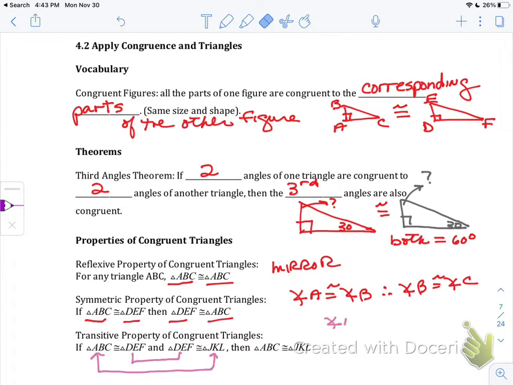If angle A is congruent to angle B, and angle B is congruent to angle C, since they're both congruent to B, I could thereby say that angle A is congruent to angle C, and be done. Okay, so those are three properties that will come up in this chapter. Let's go on to the next page of notes.